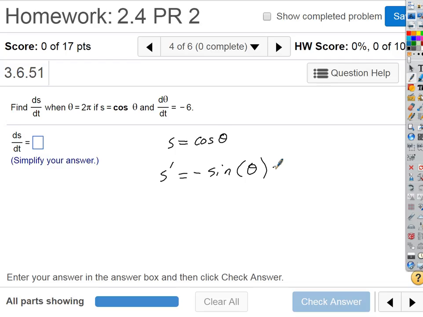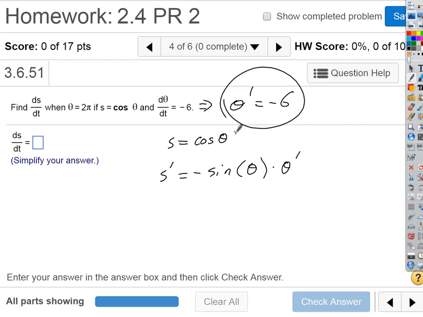We're taking the derivative of theta with respect to t, right? So what is d theta dt? We'll just call it theta prime, right? Which is -6. And we know that. So right here, this tells us that theta prime equals -6, right? And what is theta?